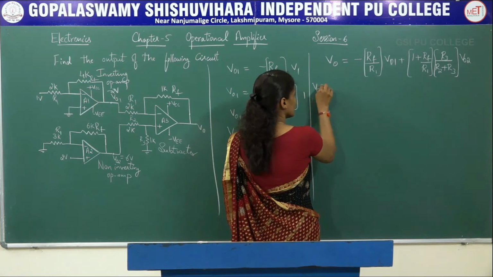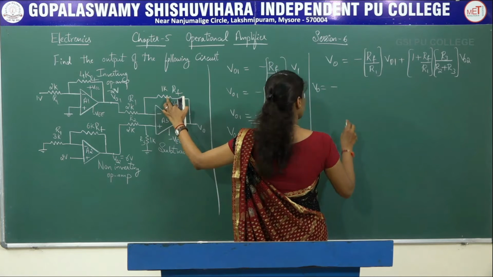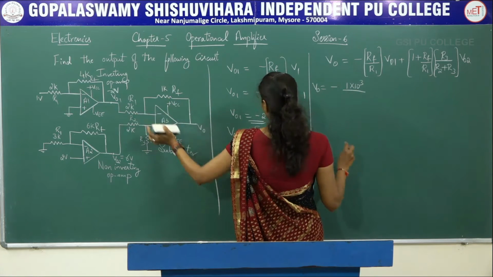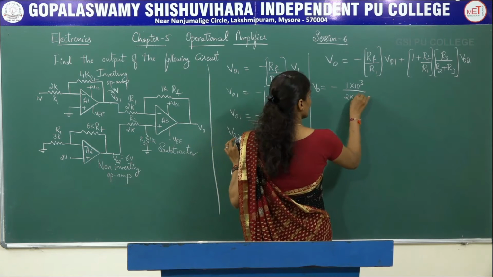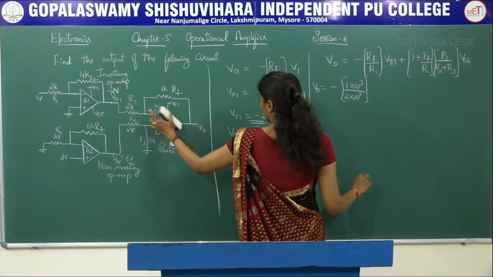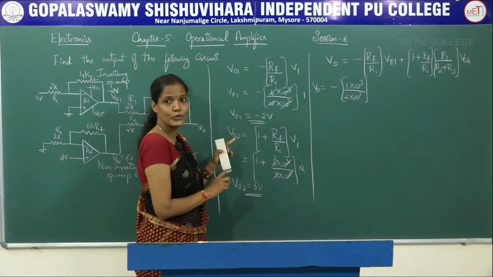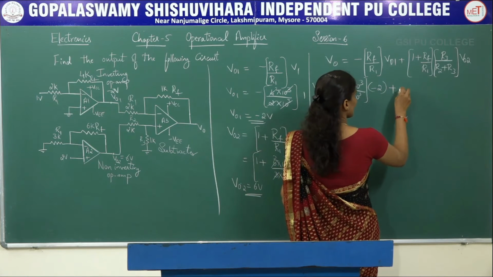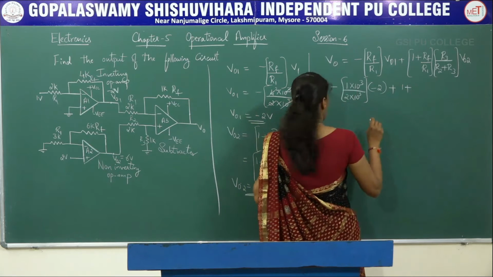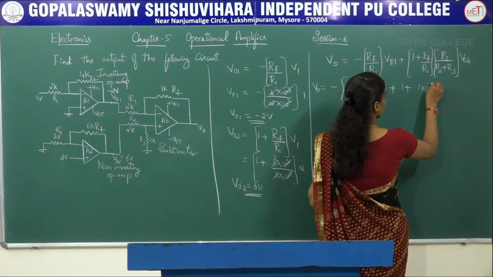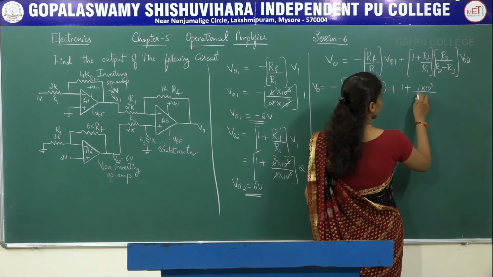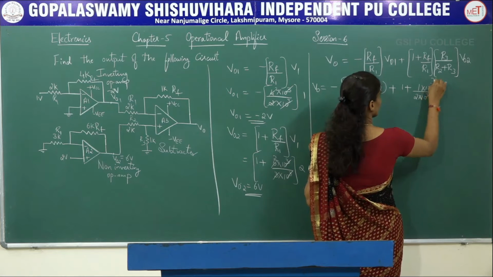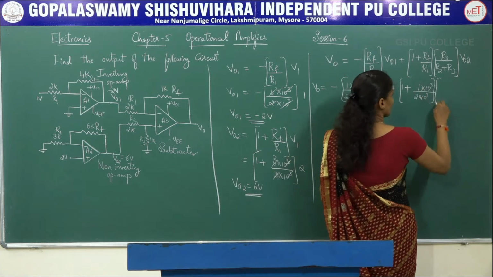So V0 equals minus RF, this is the value 1 into 10 to the power of 3, divided by R1, which is 2 into 10 to the power of 3, of V01, which is equal to minus 2 volts. You have to consider that minus 2, plus 1 plus RF is 1 into 10 to the power of 3 divided by R1 value 2 into 10 to the power of 3, of R3 value.